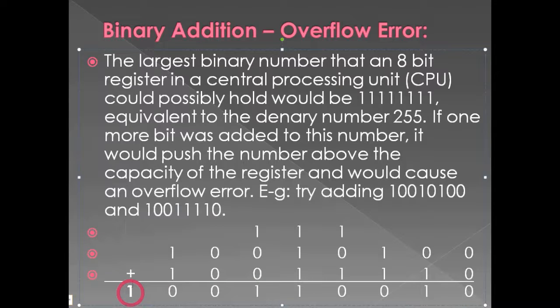Since there is no number, this one would become the 9th bit. But an 8-bit register cannot contain 9 values, so this 9th bit is known as an overflow error. When the addition of two binary numbers gives an answer which has an extra bit, we say that we have encountered an overflow error.